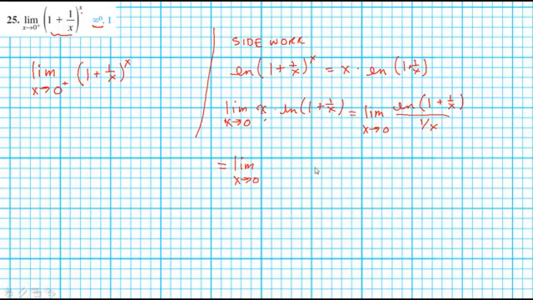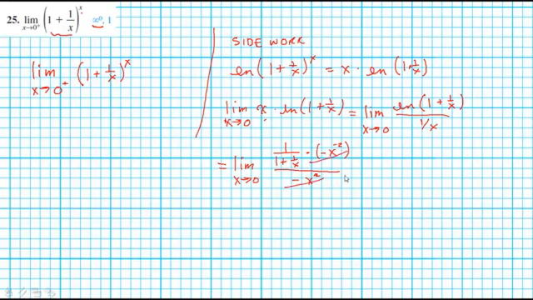If we apply L'Hopital's rule to this, we're going to get 1 over 1 plus 1 over x times the derivative of this, which is negative x to the negative 2, all over negative x to the negative 2.